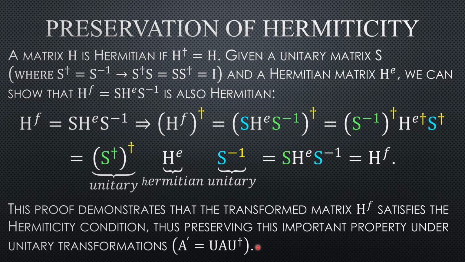The resulting expression owes its result to the unitarity of S. Clearly we see that without this, we're not able to switch this inverse to a dagger and undo it, nor are we able to switch this dagger to an inverse. So this ensures that the proper form is maintained and we are good to go.